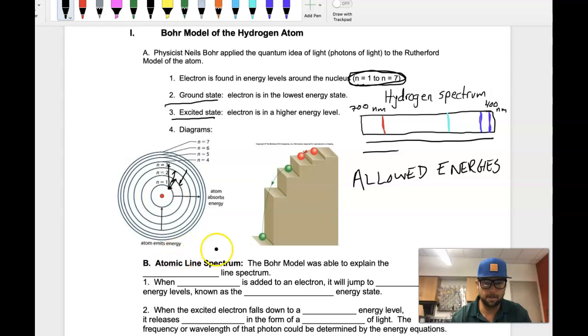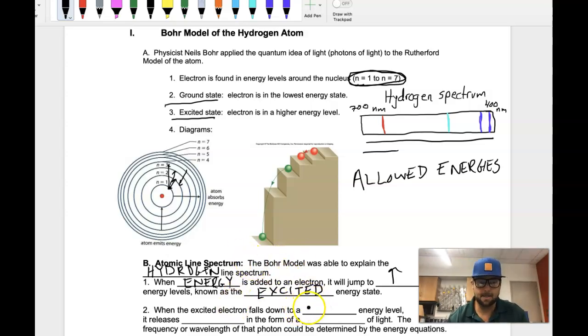So just filling in down below here, the Bohr model was able to explain the hydrogen line spectrum. And when energy is added, it'll jump to higher energy levels known as excited energy state.